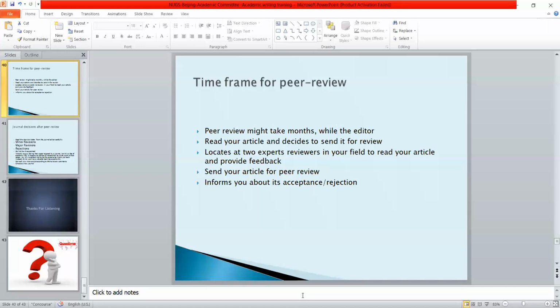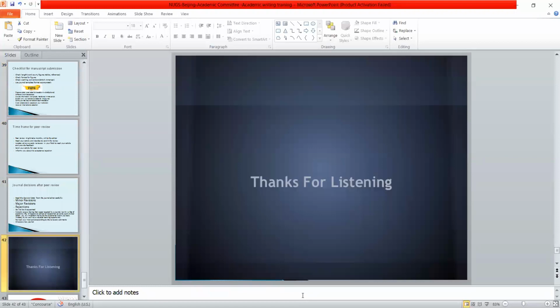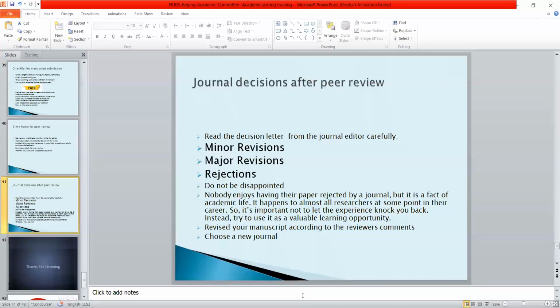Then you'll send your article for review. Now, when you send your article for review, they'll inform you either your article has been accepted or rejected. And in fact, there's one thing about publication that has made me so much interested and grow in publication. That has to do with rejection.